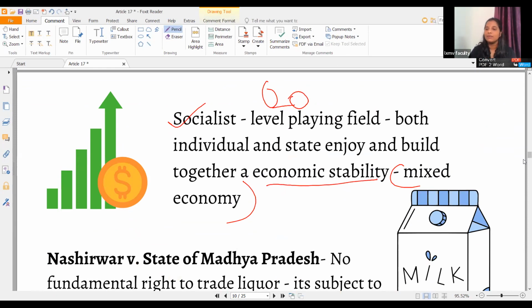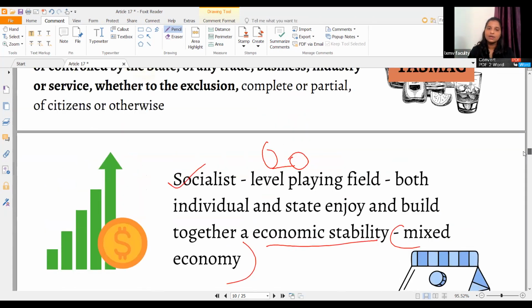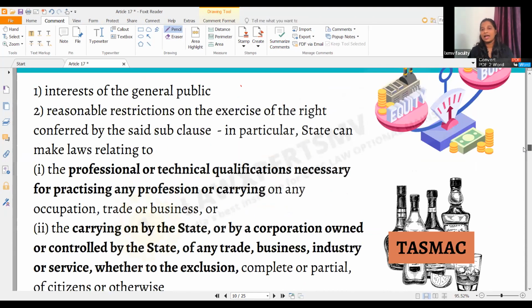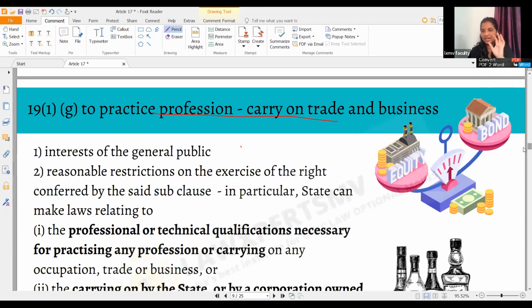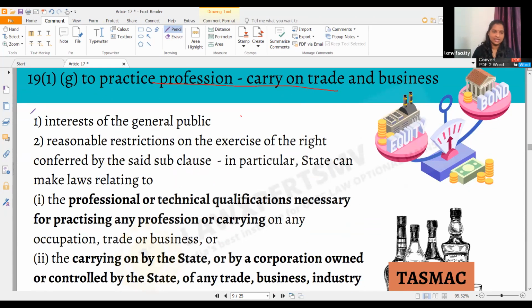Although we promise socialism, which discourages anyone from accumulating mass wealth, at the same time you are allowed to reap the benefit of your own hard work. So it is a balanced thing. That's why we have promised socialism and also given freedom of trade and business. But it can be curbed under these heads.